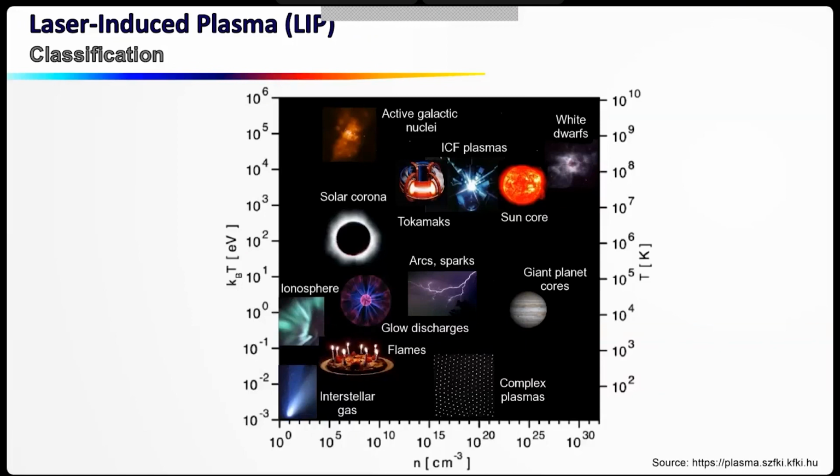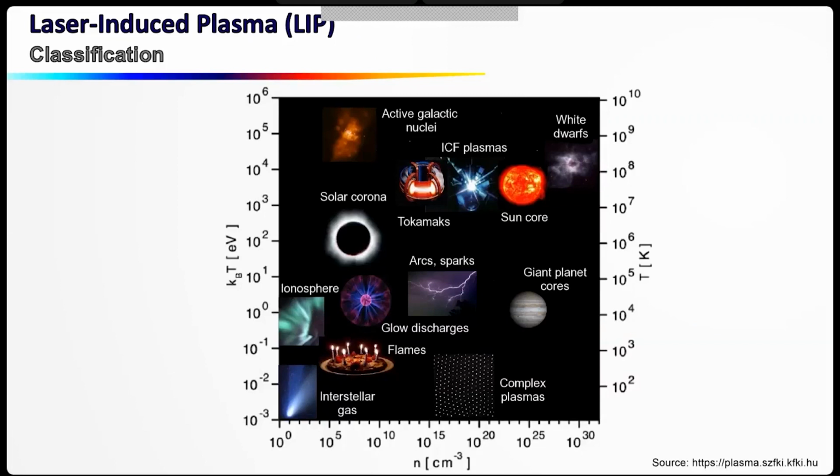So now if you want to characterize the plasma in general, you will use a 2-dimension scale where you represent the plasma temperature on one axis and the plasma electron density on the other axis. And then you can see from these figures that you have a very large panel of plasmas, from the sun core to just a flame.